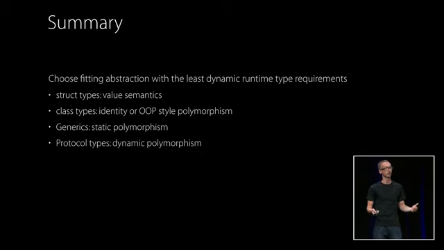And if you need dynamic polymorphism, such as in our array of drawable protocol type example, you can combine protocol types with value types and get code that is comparably fast to using classes, but you still can stay within value semantics.